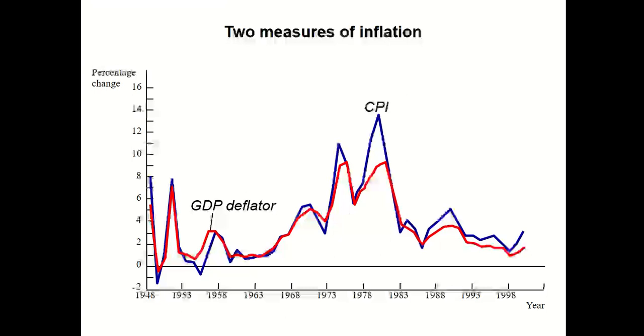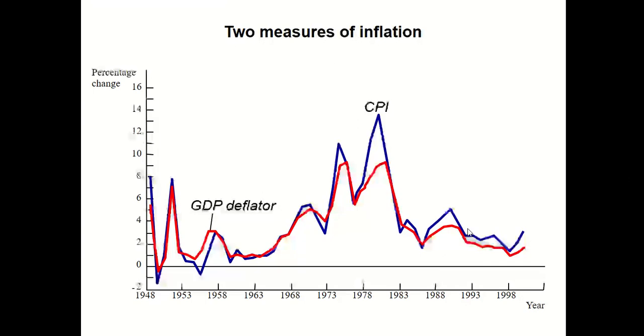Here is the graphical representation of both measures of inflation, that is CPI and GDP deflator. As you can see here, percentage change is measured on y-axis and years are on x-axis. Blue graph is for CPI and red is for GDP deflator. There is a lot of fluctuation in both of the measures of inflation over years.